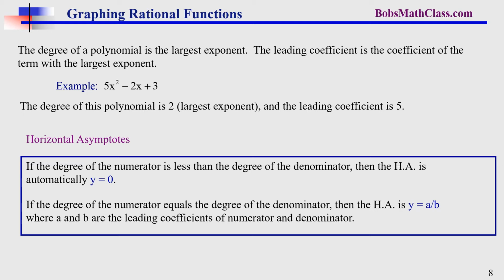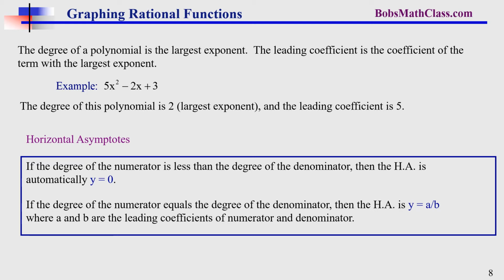So just saying it again one more time, you might not have liked the notes on the previous slide. Maybe this one makes more sense. If the degree of the numerator is less than the degree of the denominator, then the horizontal asymptote is automatically y equals 0.